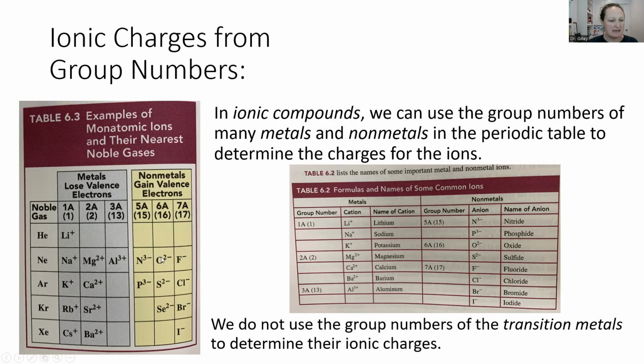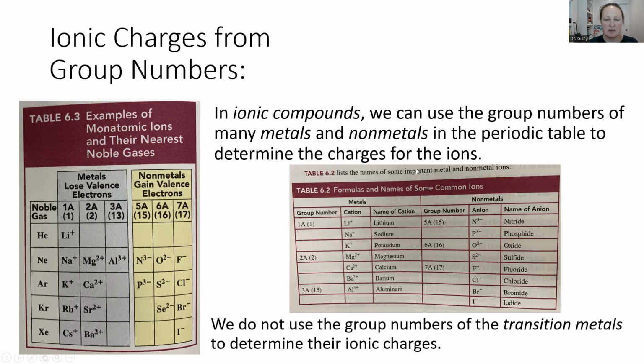Nonmetals in group 6A tend to take on a -2 charge. And those in group 5A tend to take on a -3 charge. So oftentimes, with metals and nonmetals, excluding transition metals, we can determine the charge based on the group number.